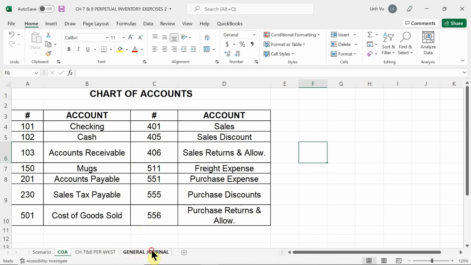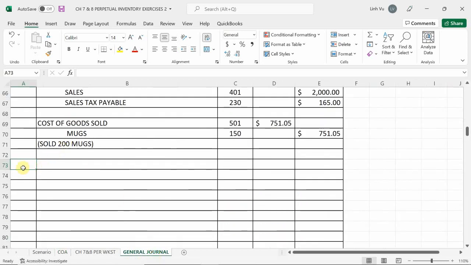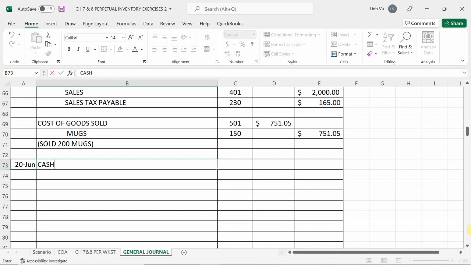So let's go ahead and journalize this. First thing we're going to do is receive cash, because that's how they're going to pay me. We identified there's a sales discount.